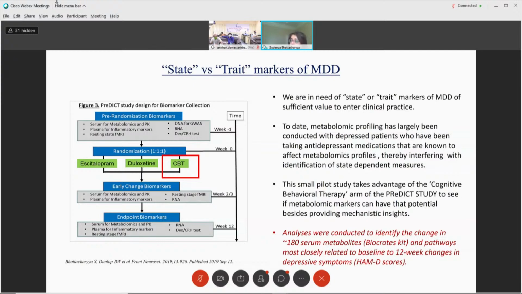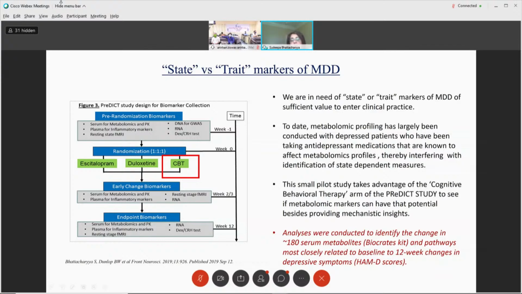And the trait markers are something like high cholesterol levels in congestive heart failure. So it may reflect the risk of the disease, but is not necessarily associated with the change in the disease symptoms or the disease manifestation. So we're looking for both state and trait markers of depression.